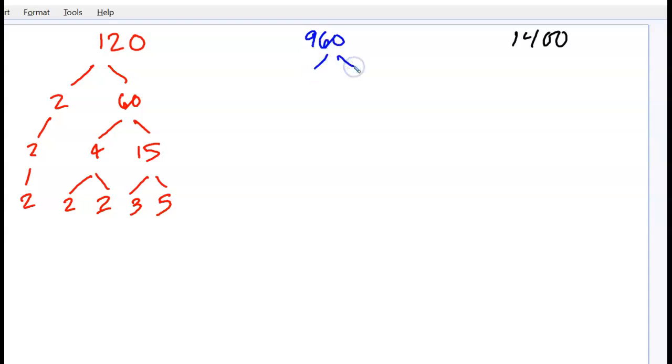960 is going to break down into 10 times 96. Actually, I'm going to move 960 over a little bit just so that I can squeeze it in a bit better. So it's going to break down into 10 times 96.